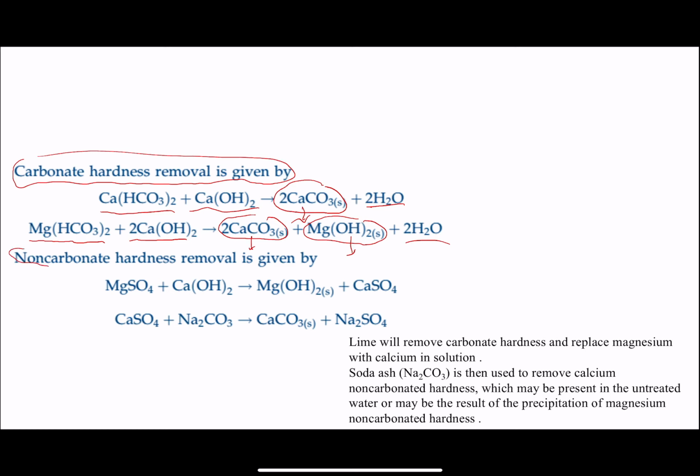Now, the non-carbonate hardness removal process. If you have MgSO4, same thing, lime will react with it to produce Mg(OH)2 precipitate, settled, and CaSO4. And now soda ash will come into effect. Na2CO3 reacts with CaSO4 to produce CaCO3 precipitate and Na2SO4.